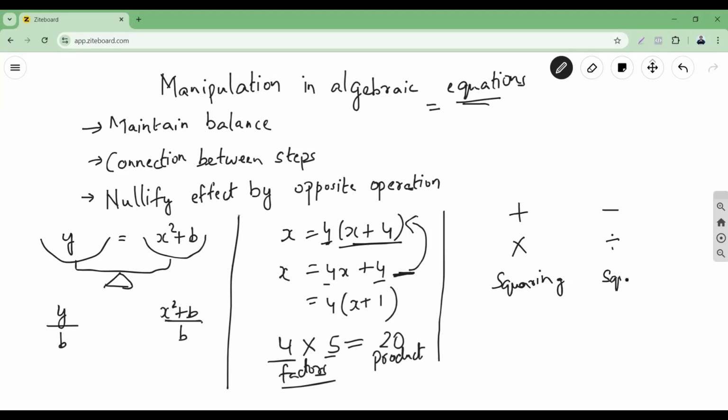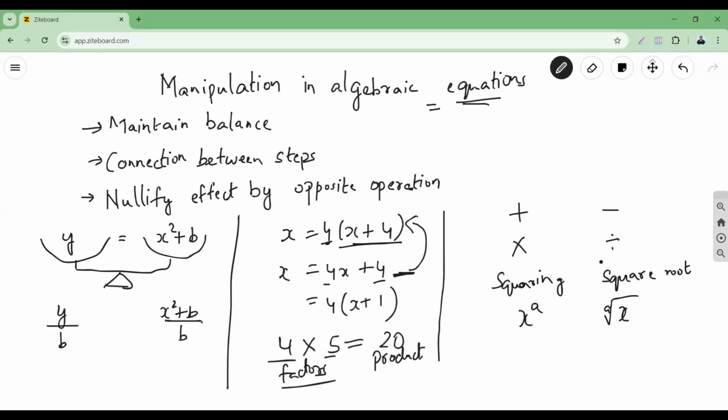Taking the square root of it, that's the opposite operation, right? Now if I'm raising a particular thing to a certain power, let's say to the power of a, what is the opposite operation? You take the a-th root of that power. So these are the opposite operations.